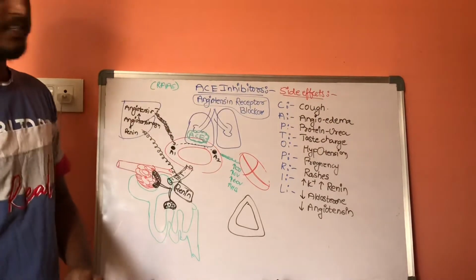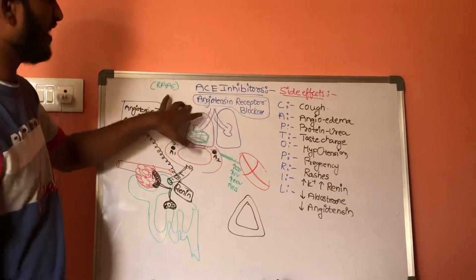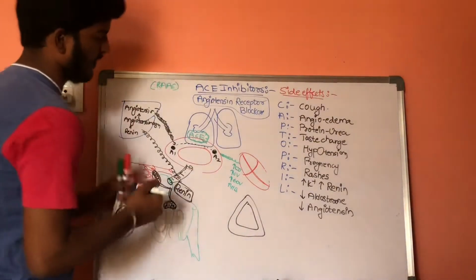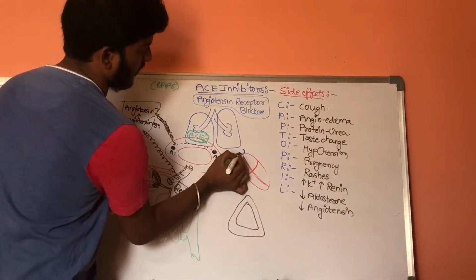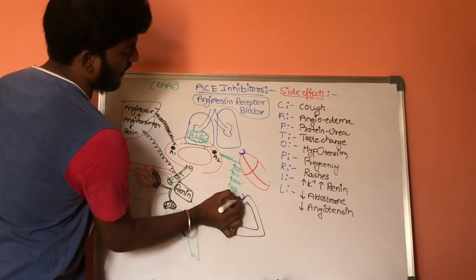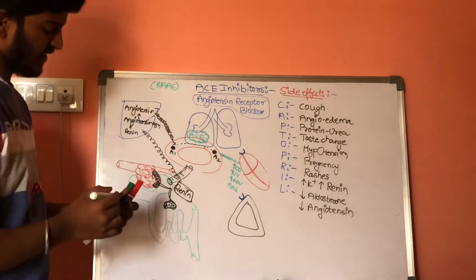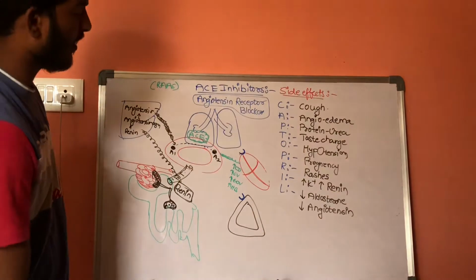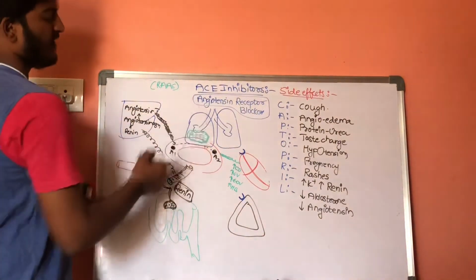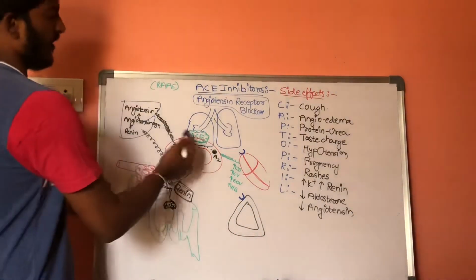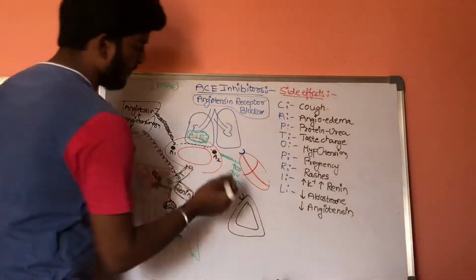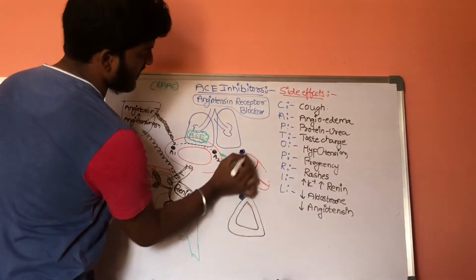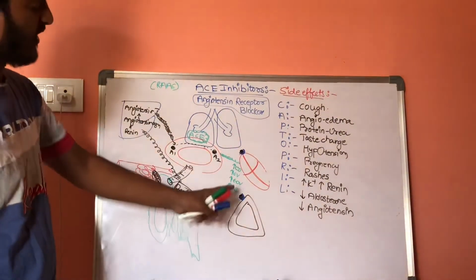Angiotensin receptor blockers are the blockers of angiotensin receptors which are present on the heart, and let us consider, on the adrenal medulla. Normally angiotensin will bind to this receptor, stimulate it and increase the cardiac output.